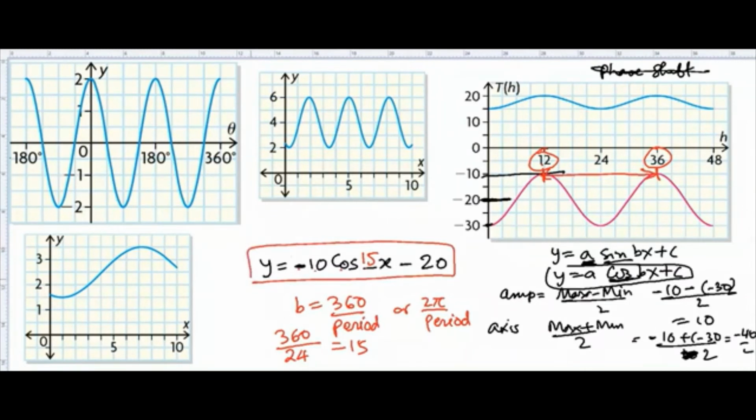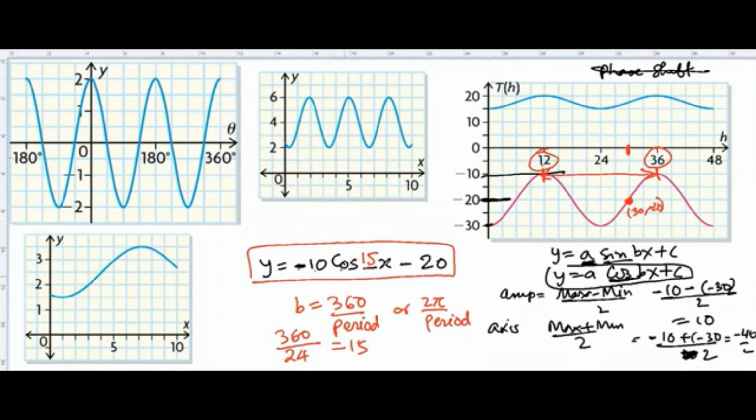Now, sometimes you may not be sure whether your equation is correct or not. Take a random point. Let me take this point. What is the coordinate of this point? The coordinates of this point are 30, comma, minus 20.